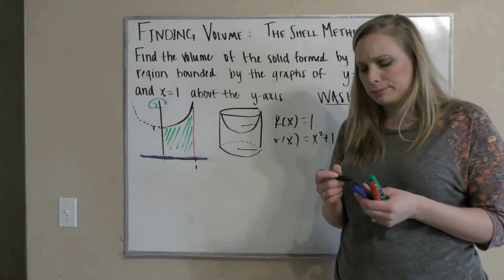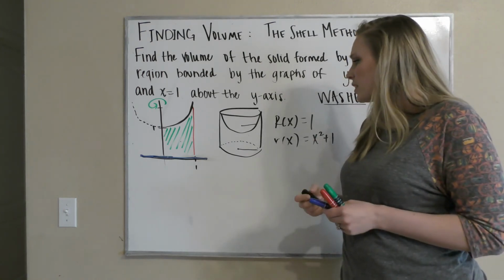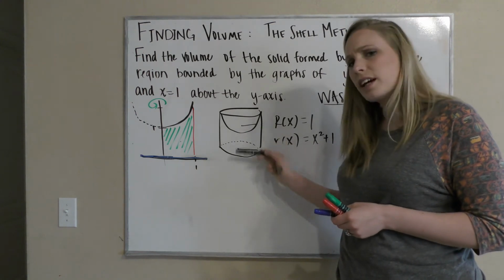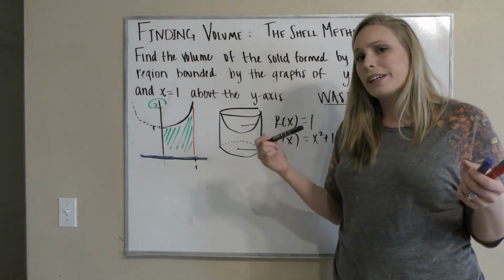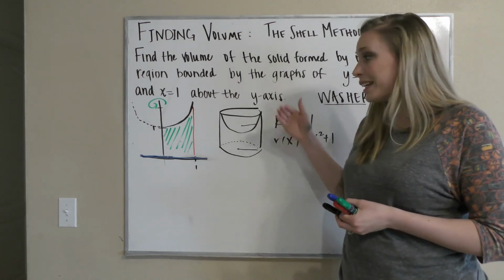However, we have a problem here. One, we have to do everything in terms of y. But second, that inside radius isn't the inside radius the entire time. We actually have two different pieces of this.